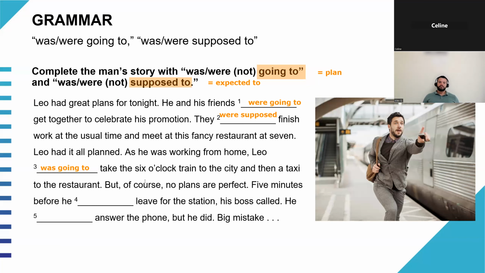But of course, no plans are perfect. 5 minutes before he was supposed to leave for the station, his boss called. He answered the phone, but he made a big mistake. What do you think? He wasn't.